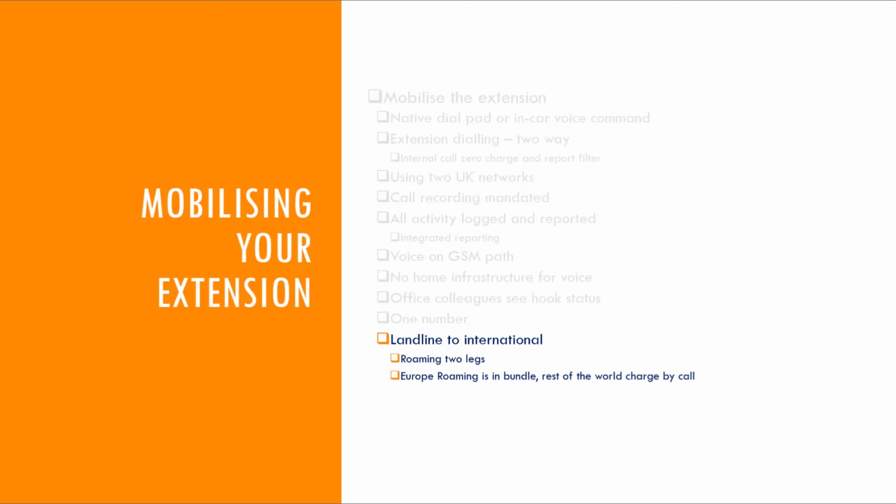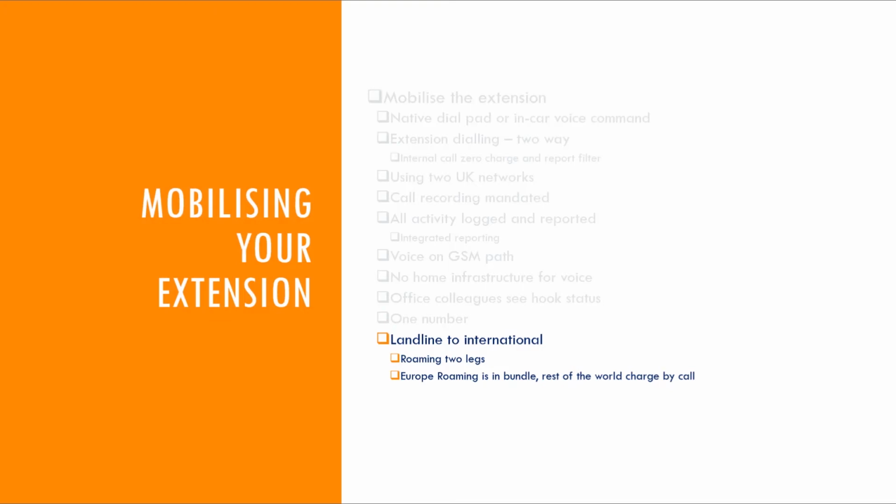Just some of the other economic considerations when we're doing this. If we're using this, again, this is a landline call. This is your normal extension service. So if you're calling international, you can benefit from the much more aggressive and competitive rates that we have as core landline providers, if you like, against the mobile tariffs that exist.